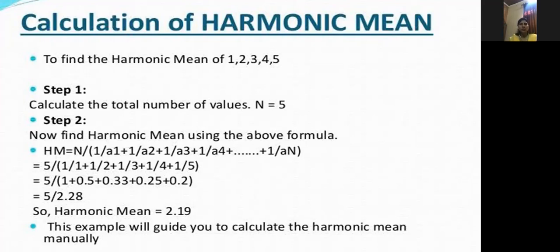So here we have 5 divided by 1 by 1 plus 1 by 2 plus 1 by 3 plus 1 by 4 plus 1 by 5, and on dividing and adding, we will get the harmonic mean as 2.19.